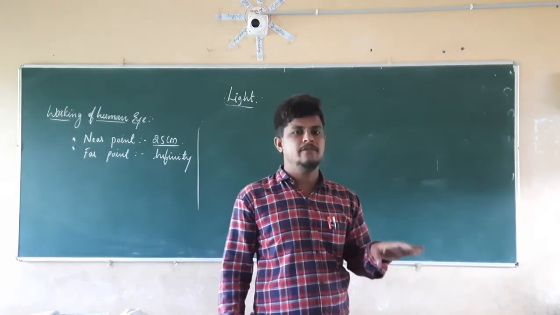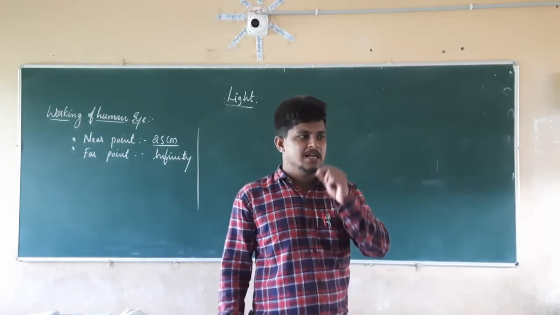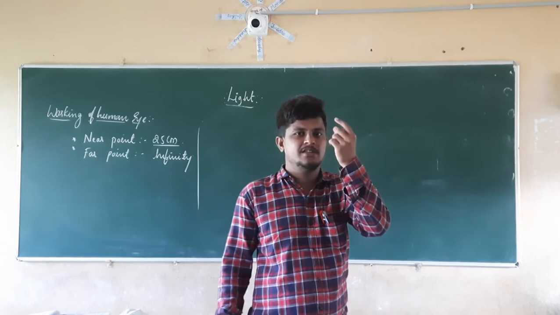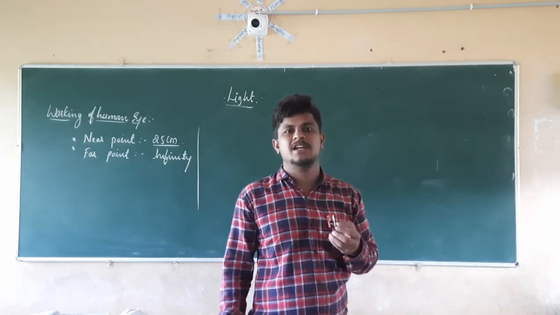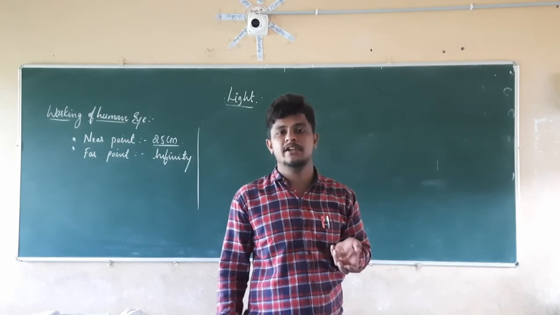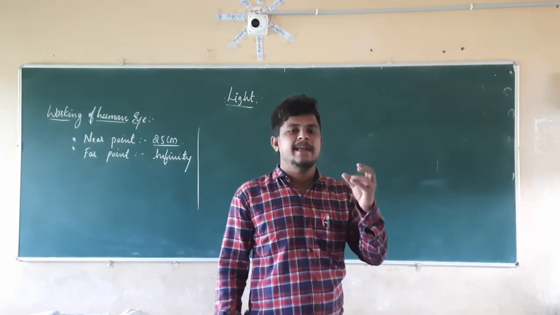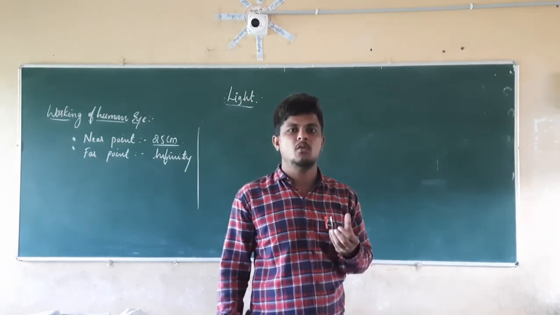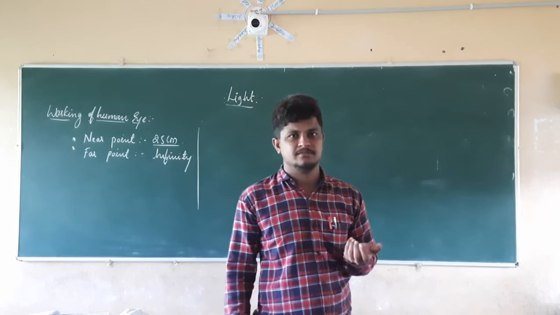In the same manner, in some of the aged persons, the jelly-like lens which is present inside our eyes changes its color. It becomes solidified. Because of that, if you check inside the iris, it is somewhat white colored. That thing is known as the cataract.